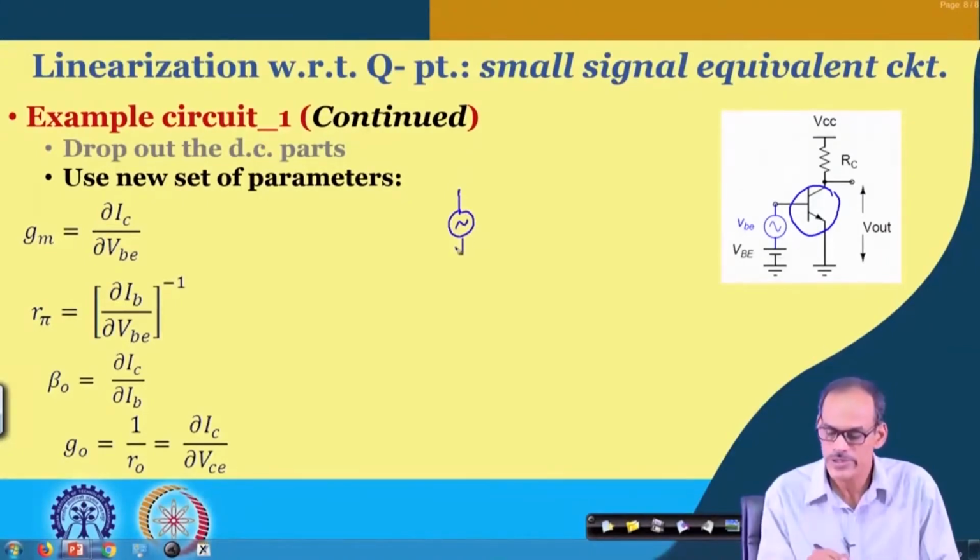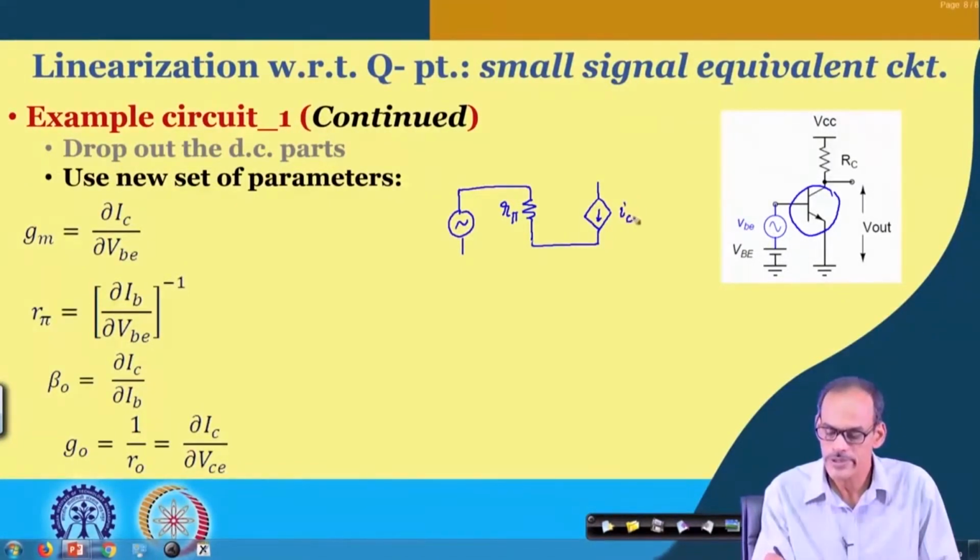We do have the small signal input, and then from base to emitter we have something called R pi, and then we have the dependent current source. Either we write it in the form of voltage dependent or current dependent.